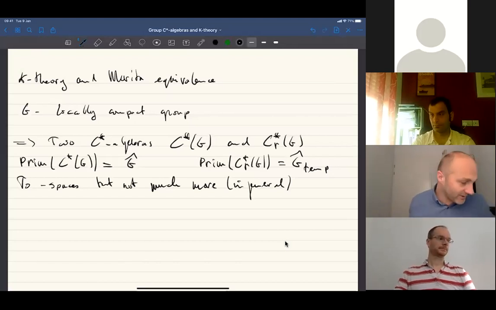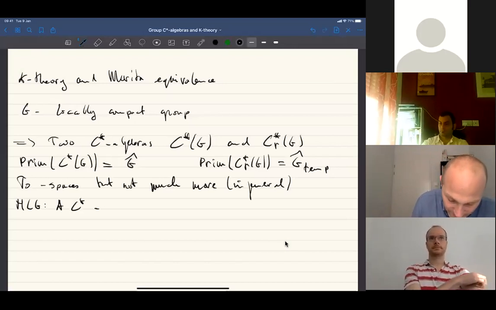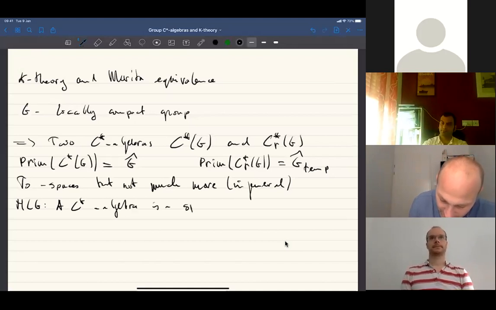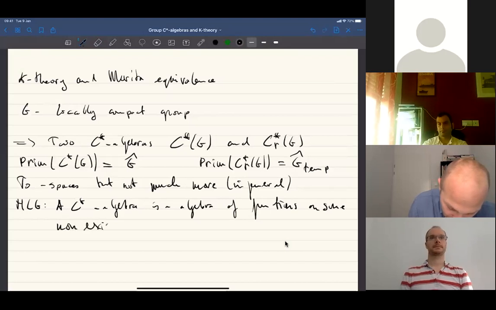And that's why we take this viewpoint of non-commutative geometry, which is that a C-star algebra is an algebra of functions on some non-existent space.